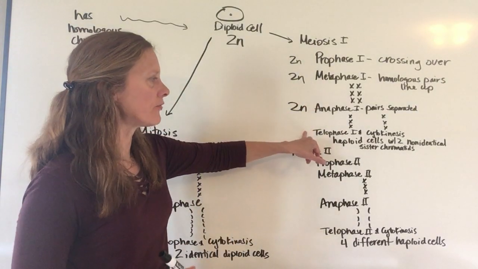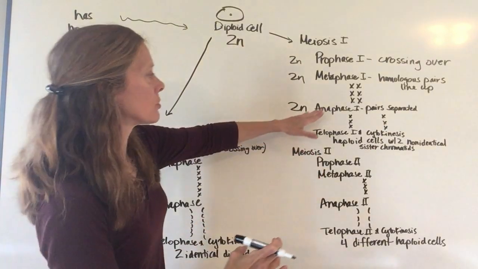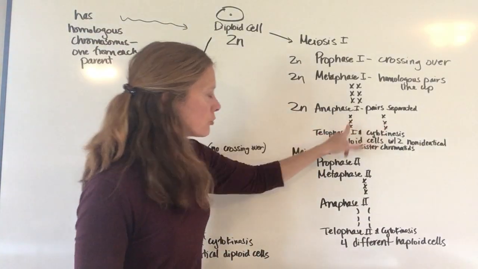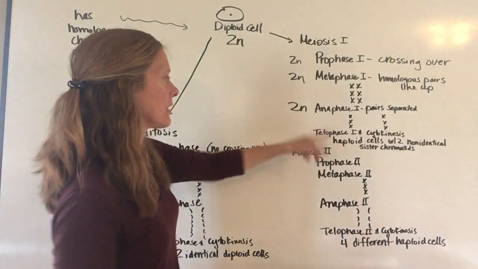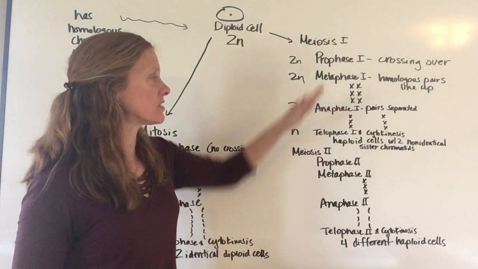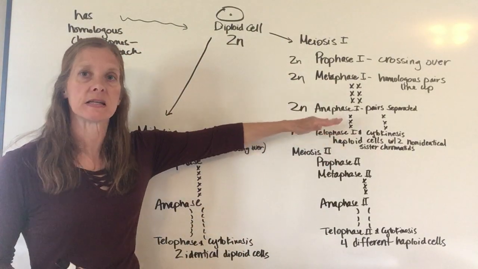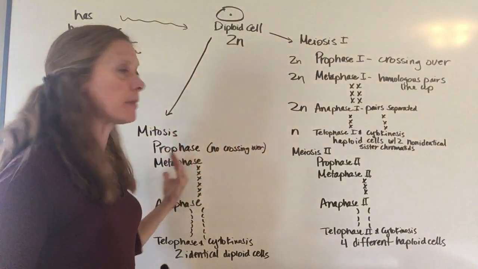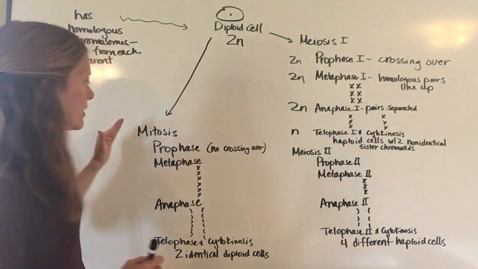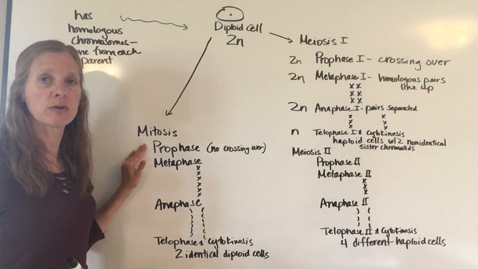And then in telophase, that's when everything has pulled apart and, ta-da! Half the chromosomes are going into each new cell, and each cell is now just N because it doesn't have as many chromosomes as it had to start with. Okay? So meiosis 1 is way different than what we talked about in mitosis. When we talked about mitosis, in prophase, there was no crossing over.